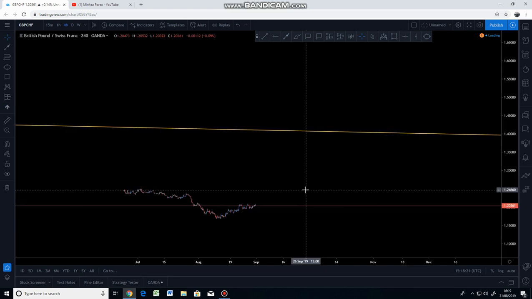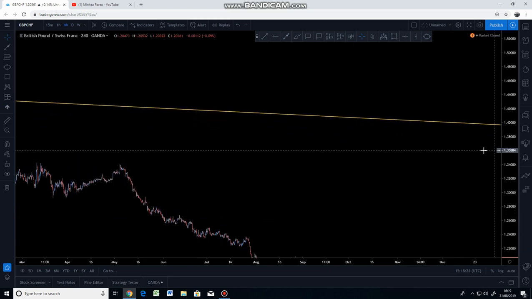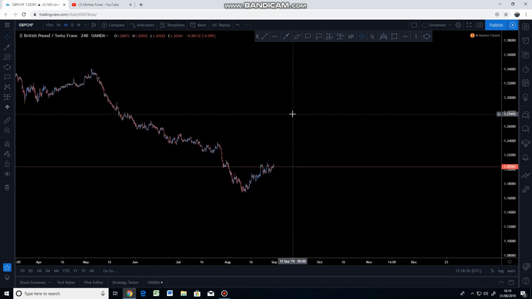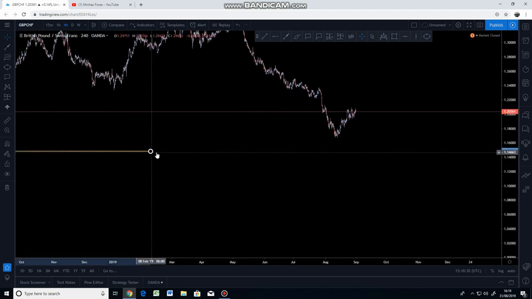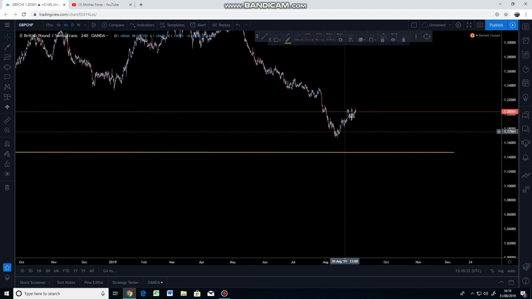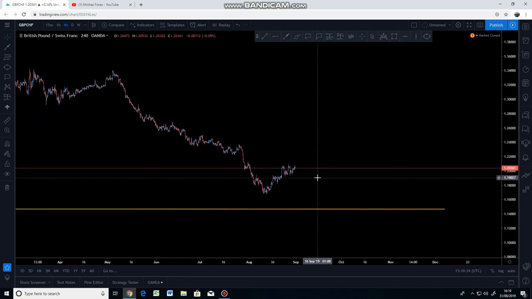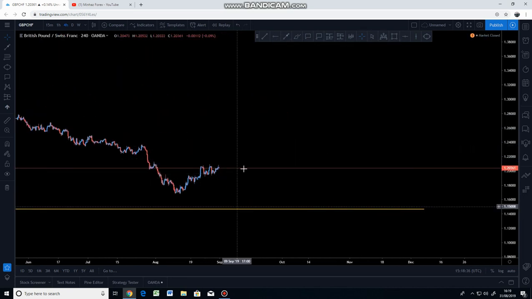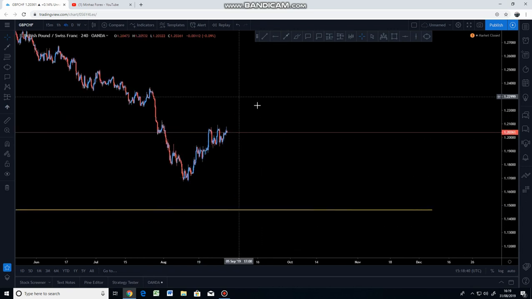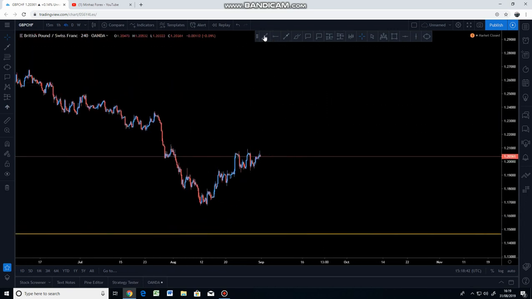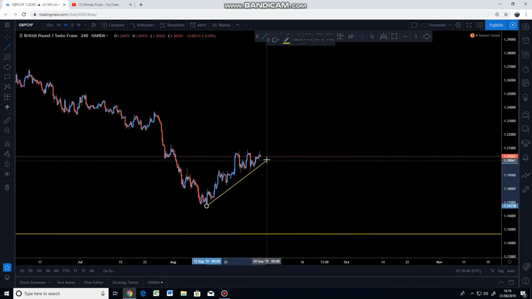I'll just hop onto the 4 hour. On the 4 hour, we have actually come to this area, so there could be a possibility we're going to drop back down, giving us that third touch on that higher time frame weekly. So on the 4 hour, as you can see, I see this corrective move to the upside.